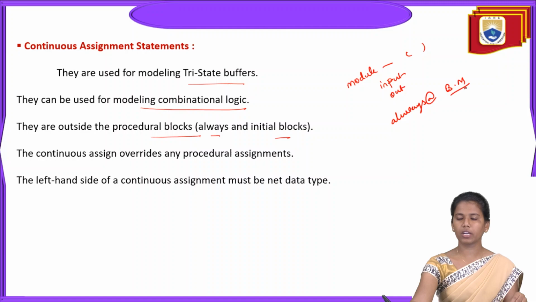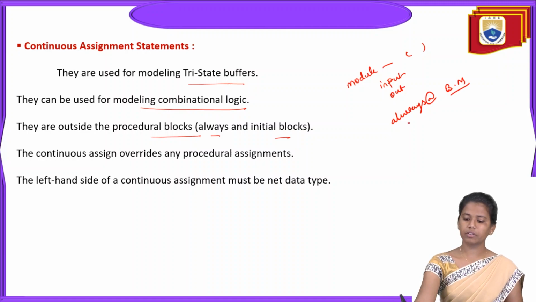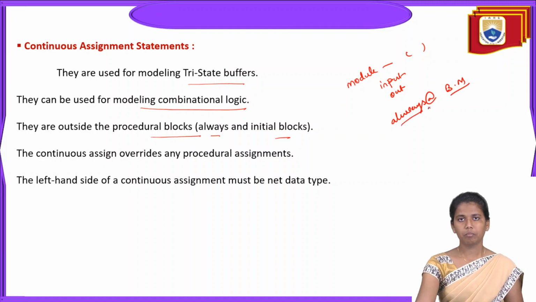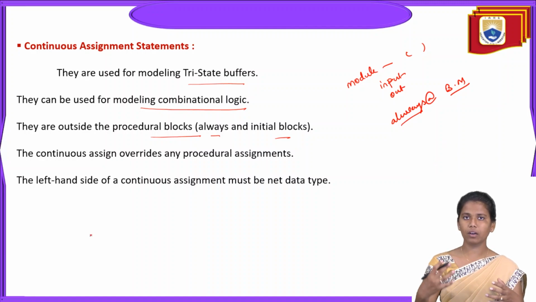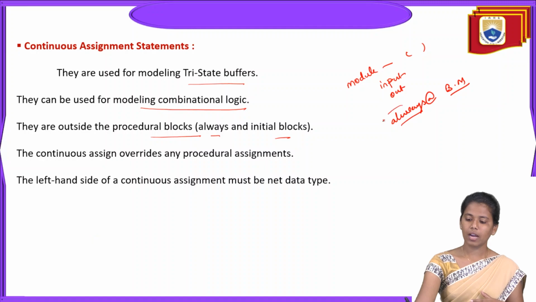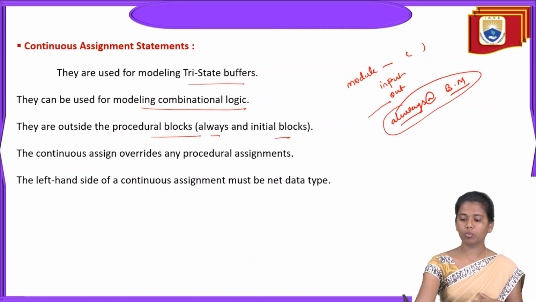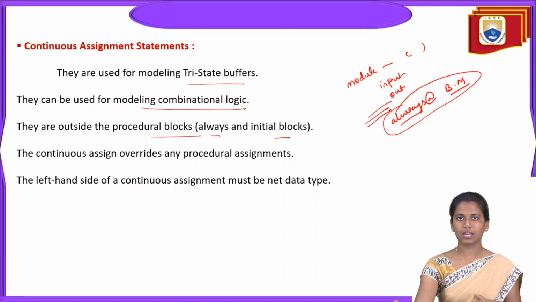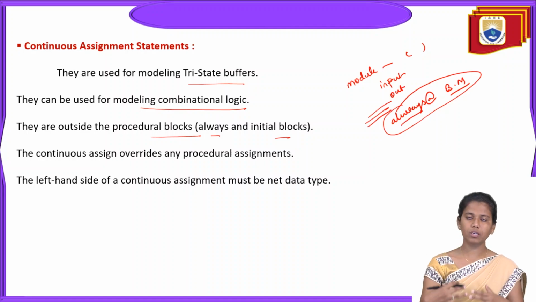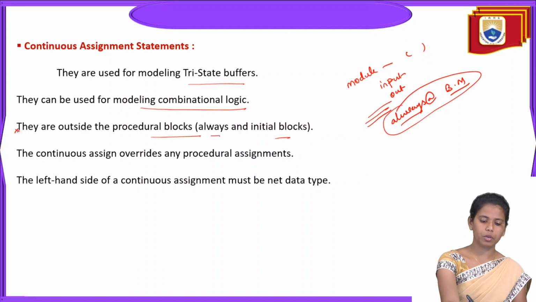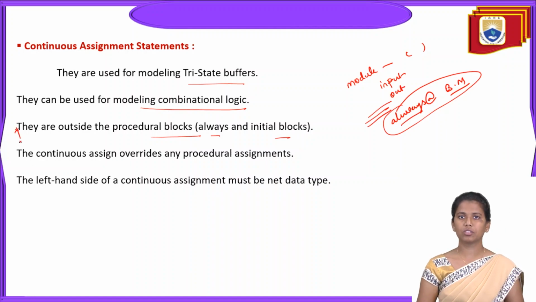In behavioral modeling, obviously we need to write always @. But continuous assignment statements are written outside of the always and initial blocks. This is one of the important points to remember in the continuous assignment statement.